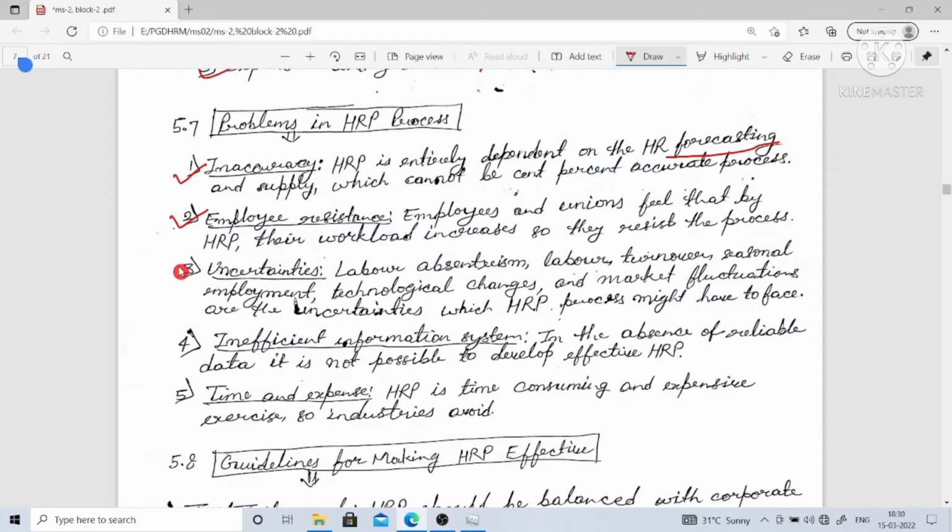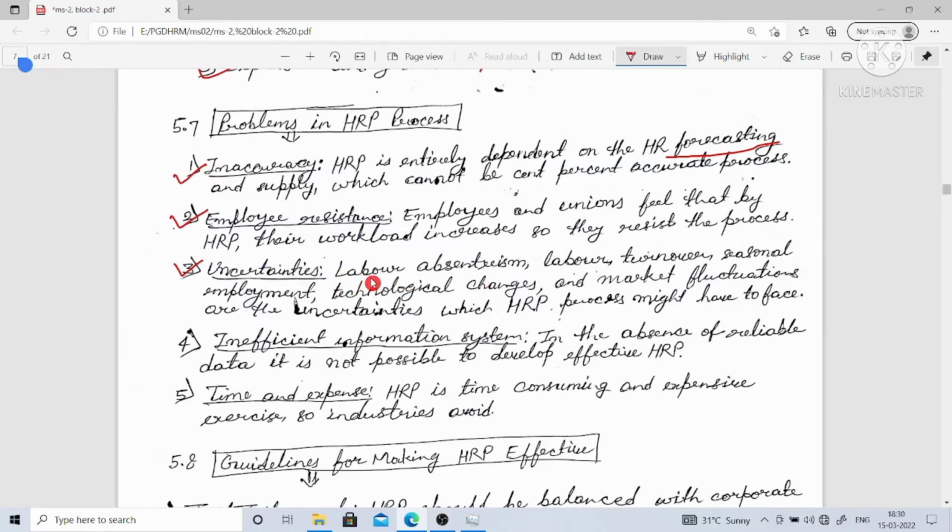Uncertainties. Third, given uncertainties: labor absenteeism, labor turnover, seasonal employment, technological changes and market fluctuations are the uncertainties which the human resource planning process might have to face. So you see, uncertainties are present in the environment of the organization.